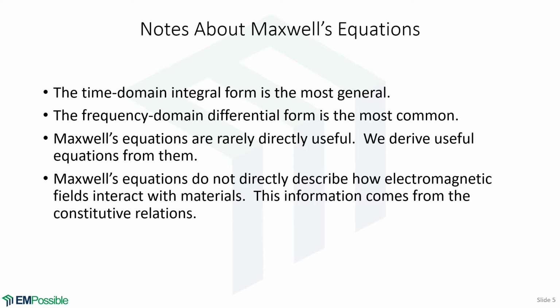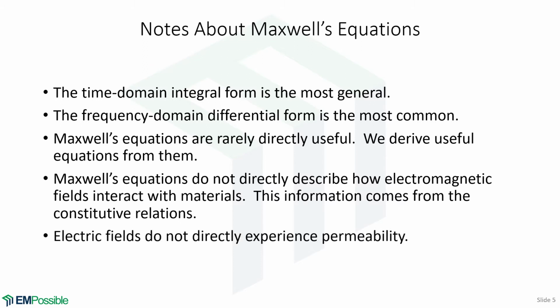Maxwell's equations do not directly describe how fields interact with matter. We saw that that came from these constitutive relations. And that's because the material property terms, permittivity and permeability, don't exist in Maxwell's equations. Another thing we could notice if we looked at Maxwell's equations is that the electric fields do not directly experience permeability.